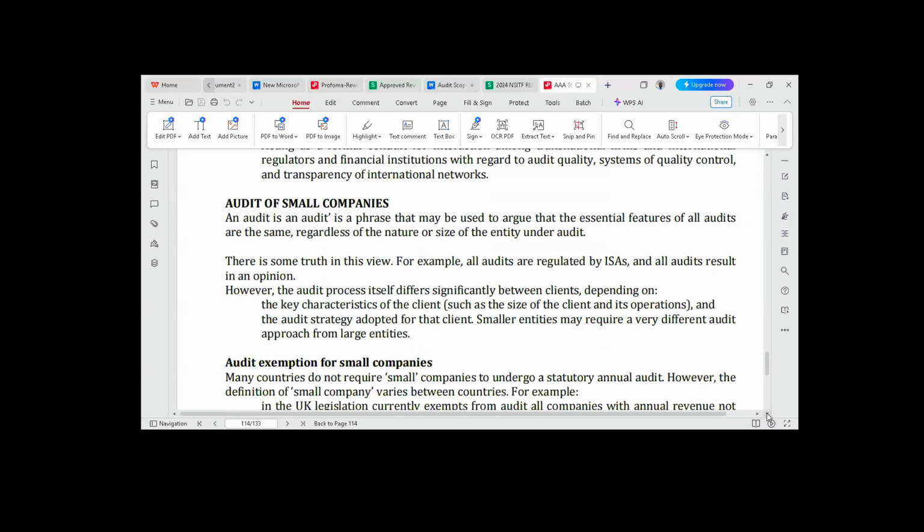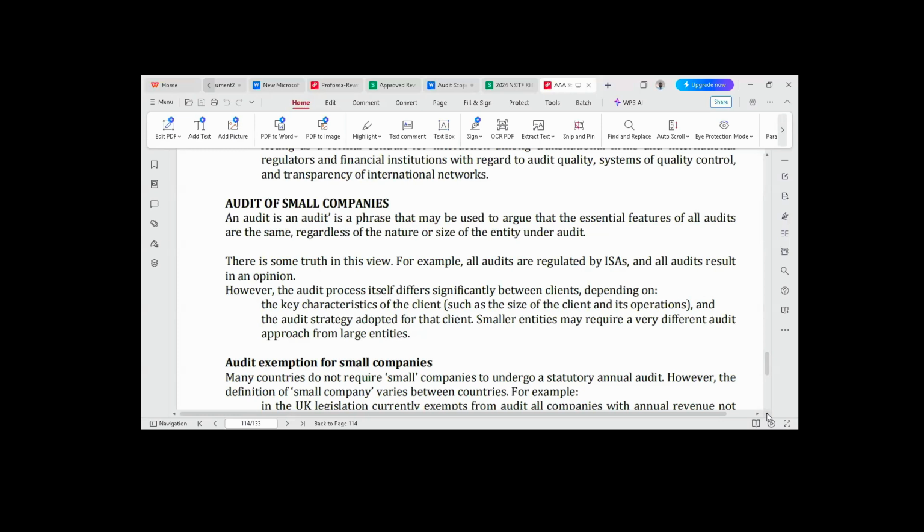Now, if you look at our Finance Act, in fact, the latest amendment to the tax legislation, the tax reform law that we are trying to pass for 2025, we now have two categories of companies.